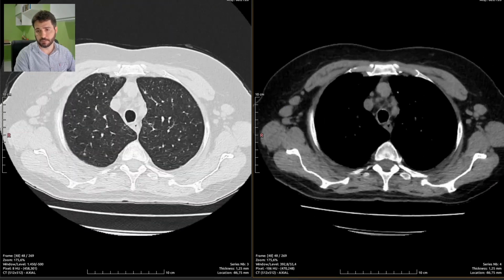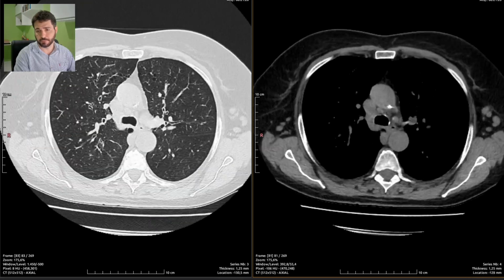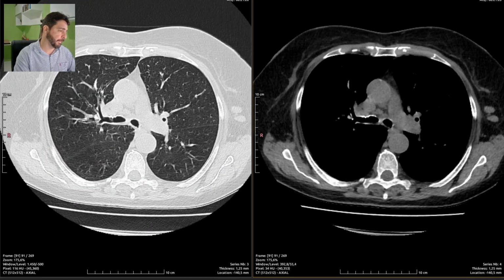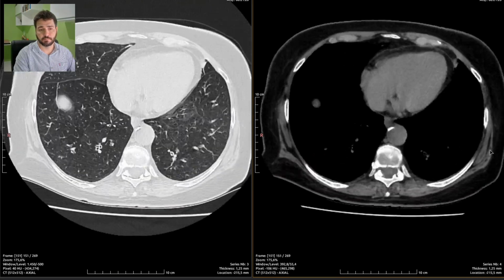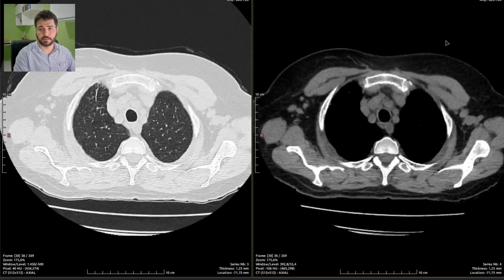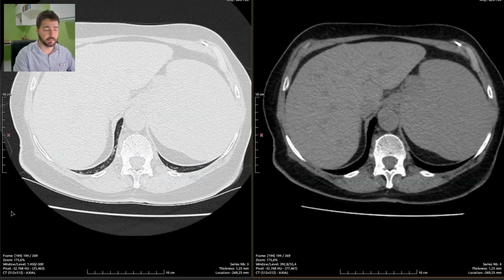So it's easy to go there and just measure it. It is 1.4 centimeters. Easy peasy. What else? For the chest CT scan, that's it.